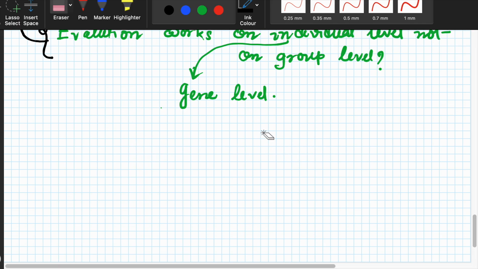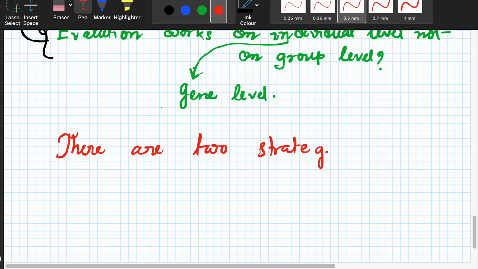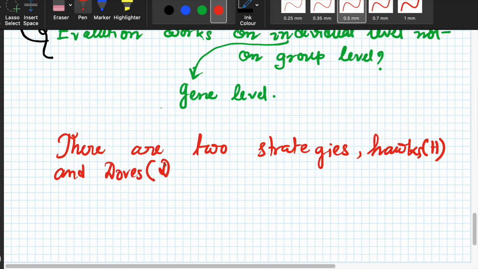Let me introduce it this way: hawk and dove.